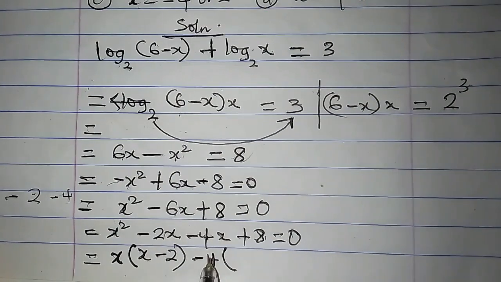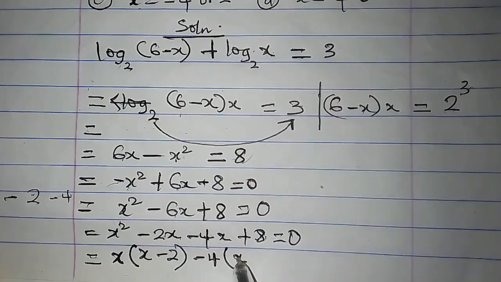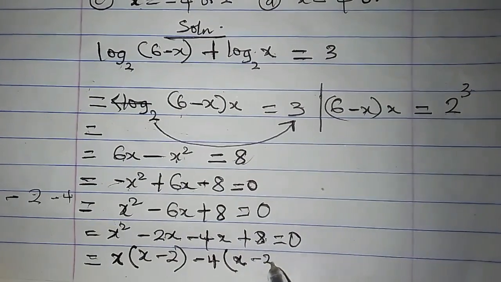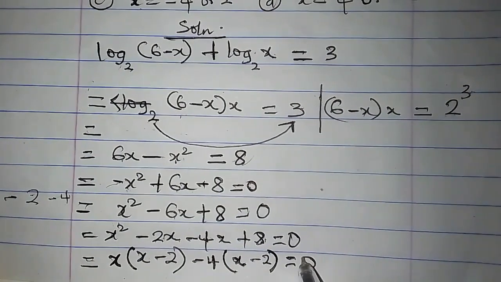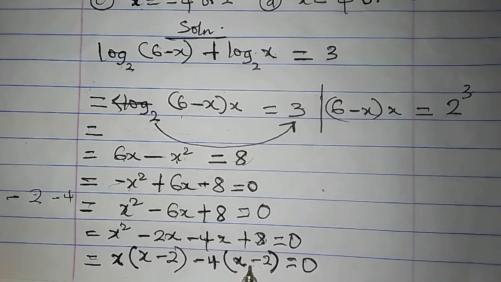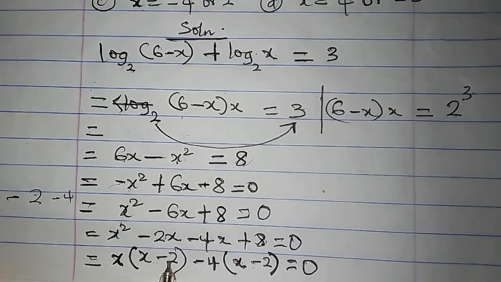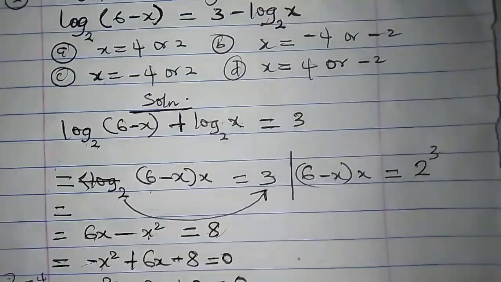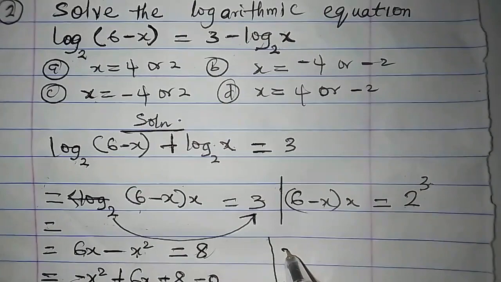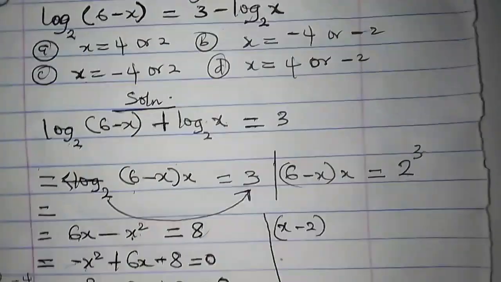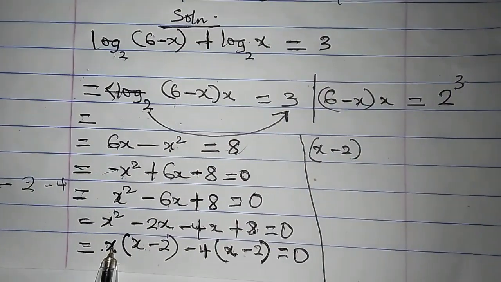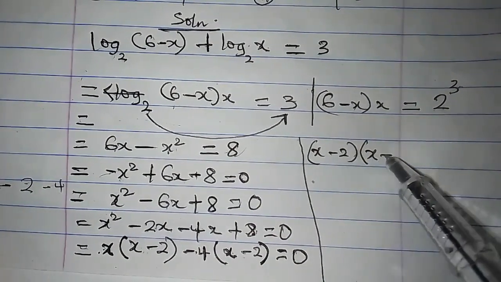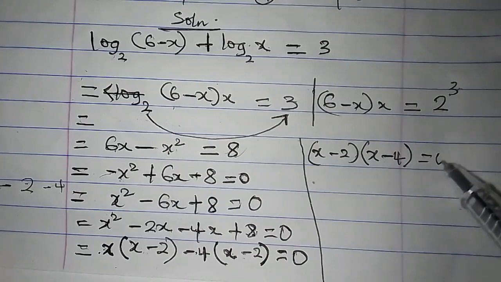Minus 4x divided by minus 4 is x. 8 divided by minus 4 is minus 2, equal to what? 0. So from this, the two brackets are the same. I will pick one of the brackets, which is x minus 2. Okay, just watch me here. x minus 2. Then these other terms outside, x minus 4, will form another bracket. x minus 4, all equal to 0.